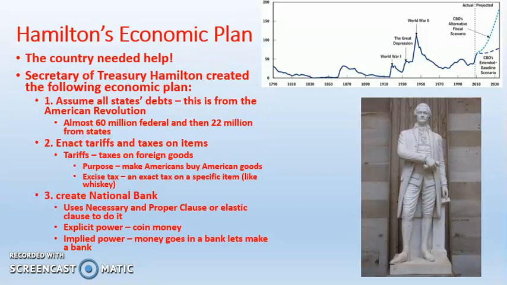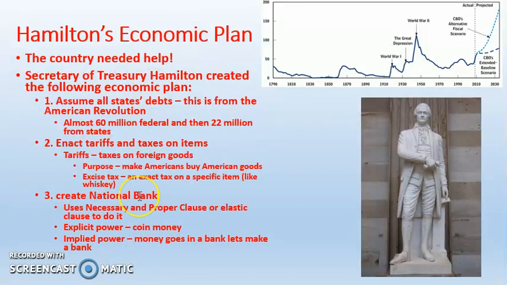So in the U.S. Constitution, there is this written power that says the government has the power to coin currency. Okay. Well, coining currency, money goes to a bank, money comes from a bank, and that's how you get an implied power. Okay. So he has the ability to now create the bank.